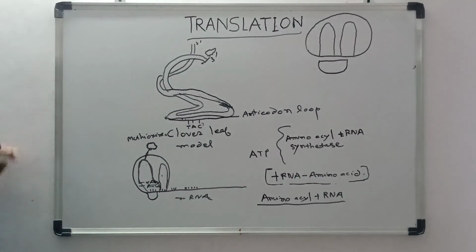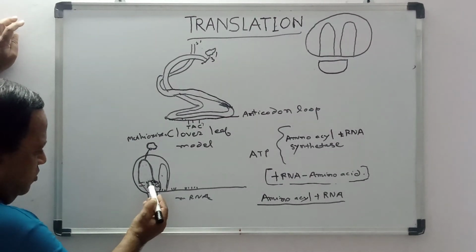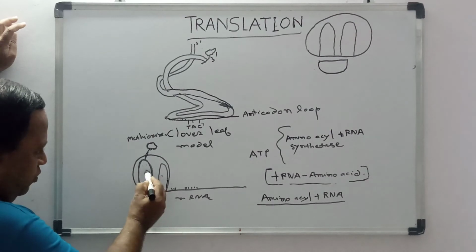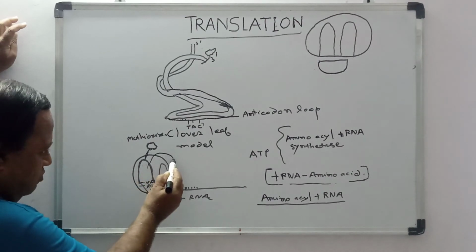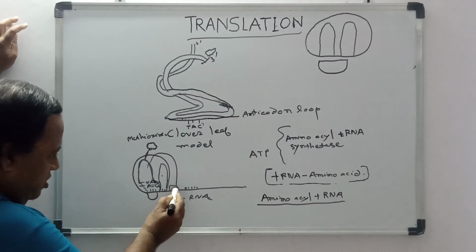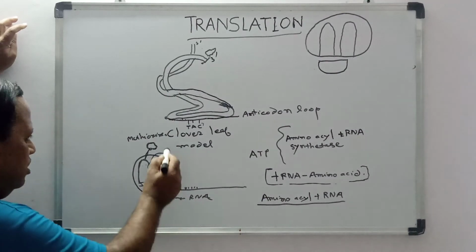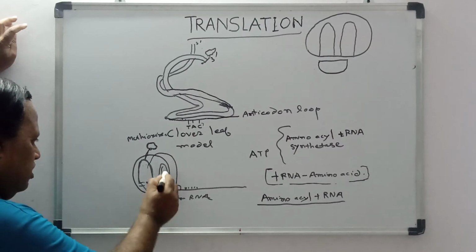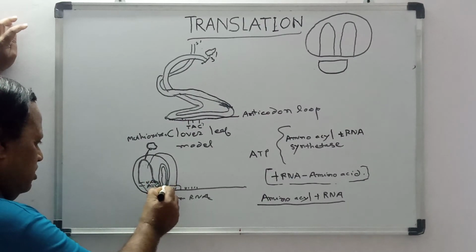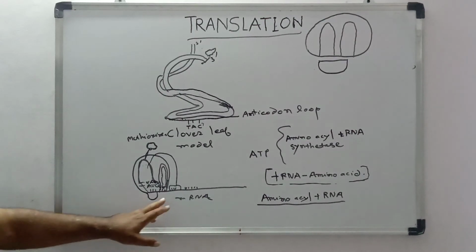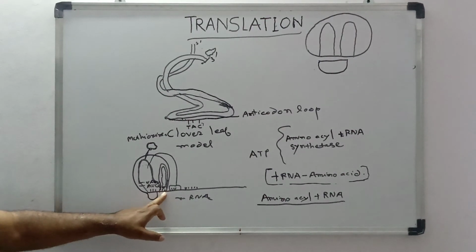So now this ribosome will jump over here and come over this codon, and another transfer RNA will come here and bind with this codon.